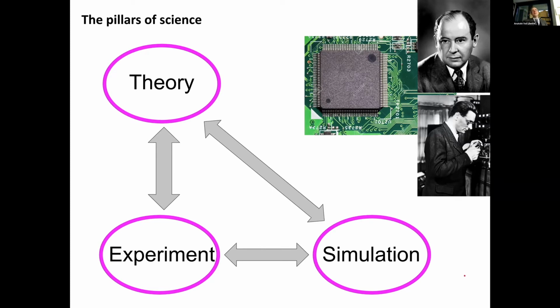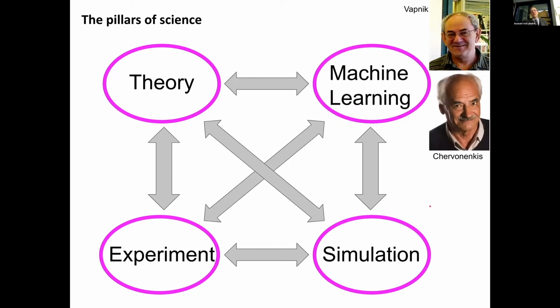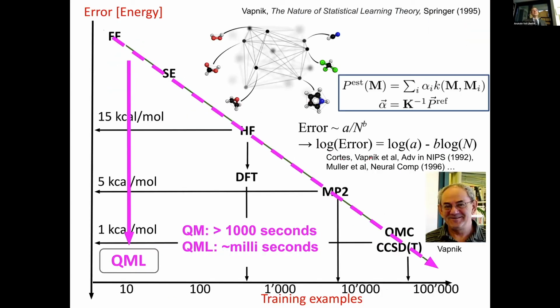And I think what we now experience is the emergence of a fourth pillar in science, that thanks to theory, experiment, and simulation, we have the data and the means to build statistical surrogate models, which allow us to bypass the need to solve computationally demanding problems. Right? And so this is, in a nutshell, what I think summarizes the advantage of the field.